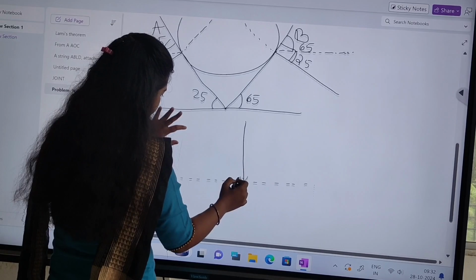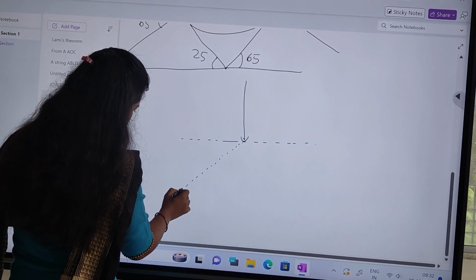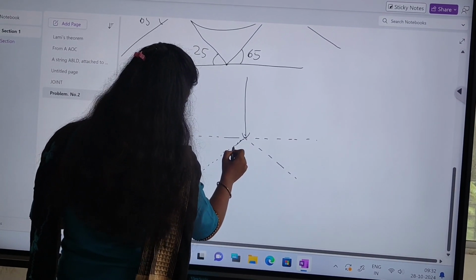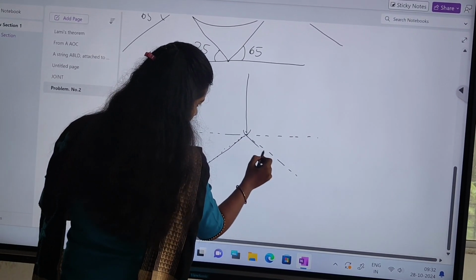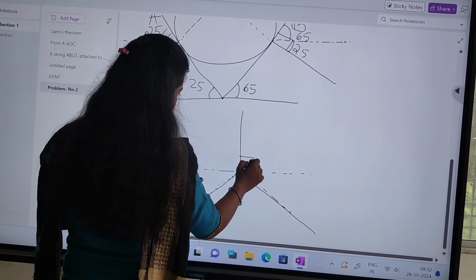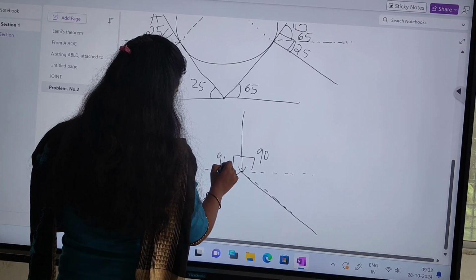This one and this one are the points of contact at point A and at point B. So we write down this one. So this is the perpendicular line. So we know this angle is 90 degree and this angle is 90 degree.